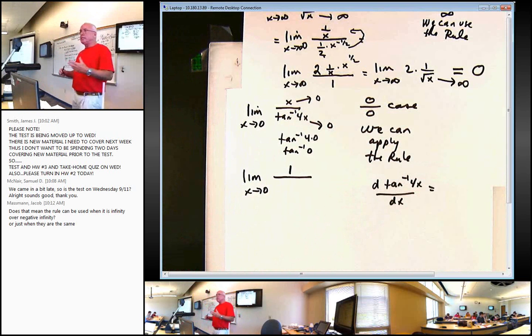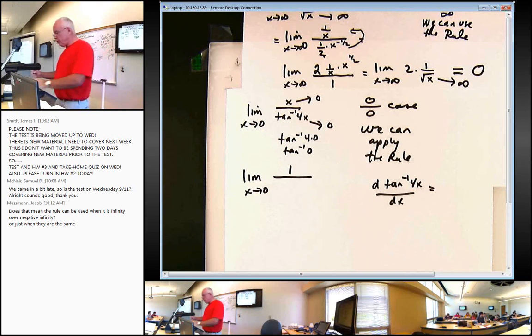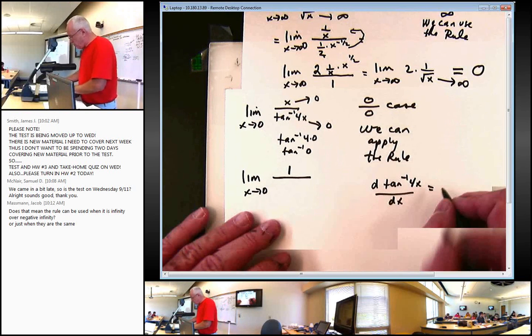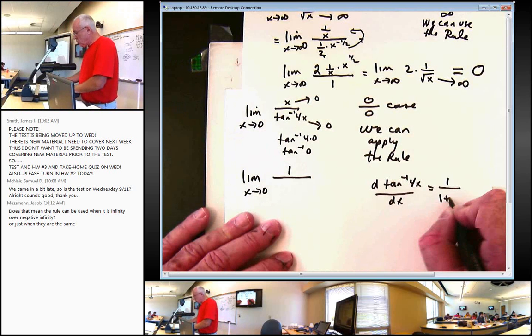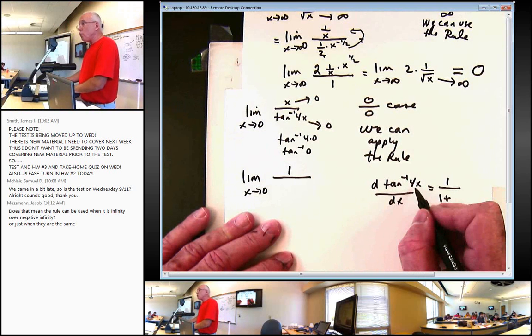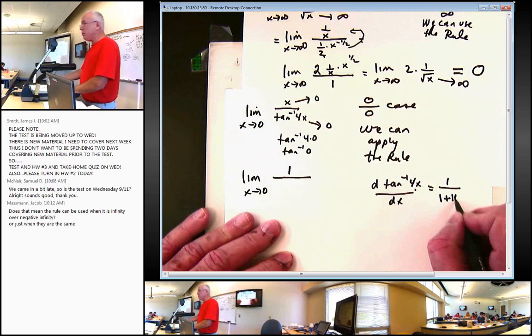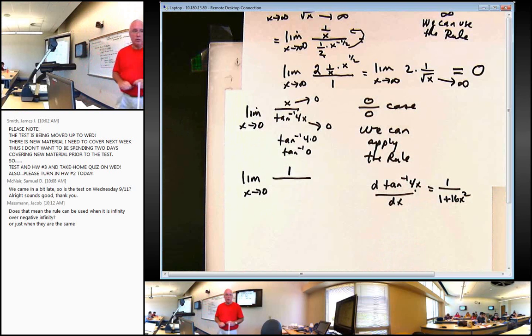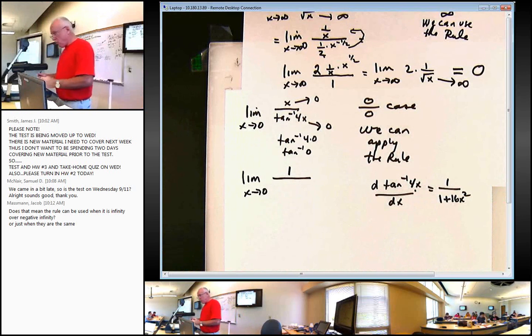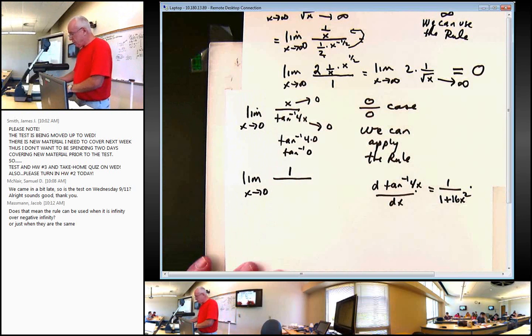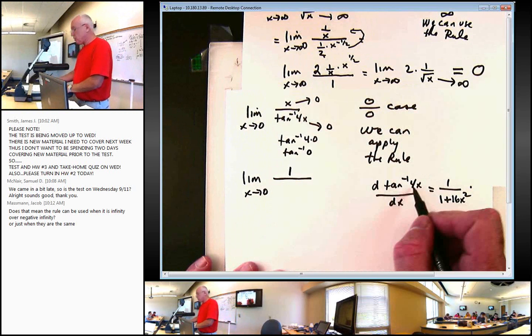All right, the derivative of the tan inverse is 1 over 1 plus whatever this is squared. So that's going to be 16x squared. But we have to do the chain rule with this, times the derivative of 4x, which is 4.